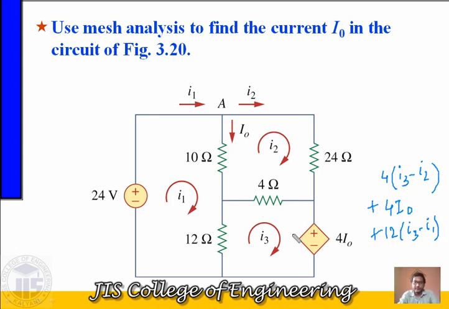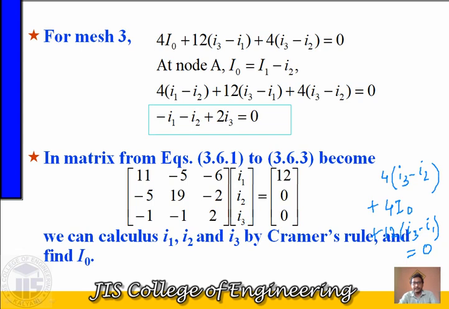All the elements are covered, the 4 ohm, the sources, and the 12 ohm resistance, so we can write this equals 0. Let's check it: 4 into I3 minus I2, plus 4 into I0, plus 12 into I3 minus I1, is equal to 0. So we are getting this equation.